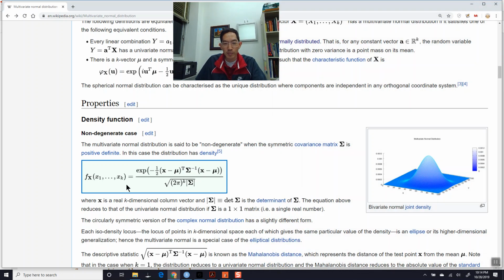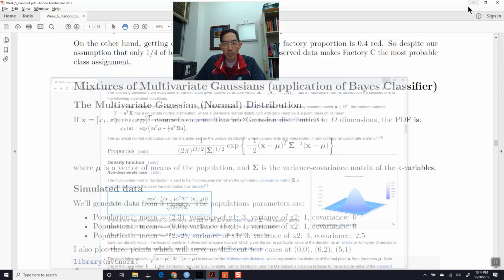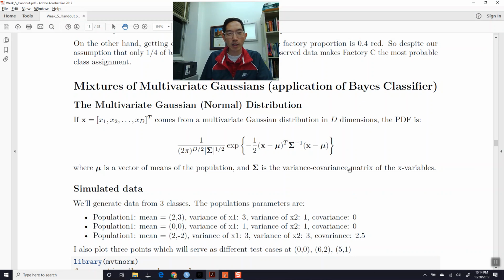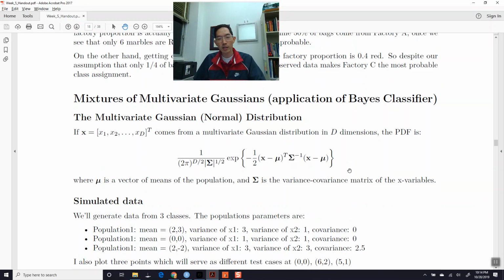Again, I don't expect anybody to memorize this multivariate Gaussian distribution, but the idea is that we get a PDF in multiple dimensions, and this gives us our density.